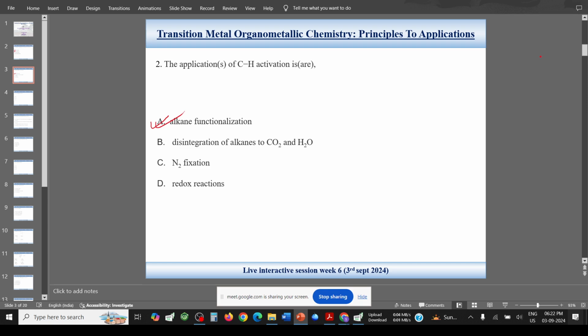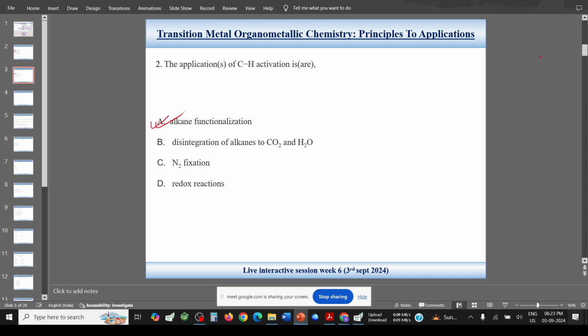Alkane functionalization. So can you give an example of this alkane functionalization? A very common example. Not general alkane to alkyne, just say a particular compound to another compound. We have already discussed this.